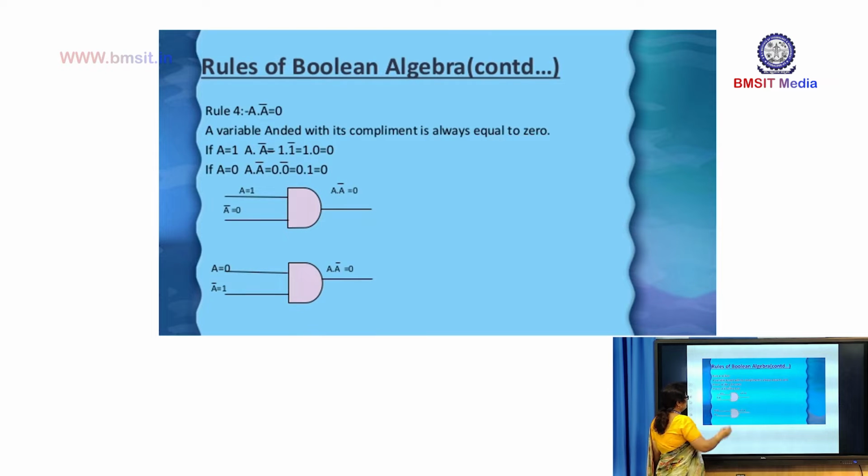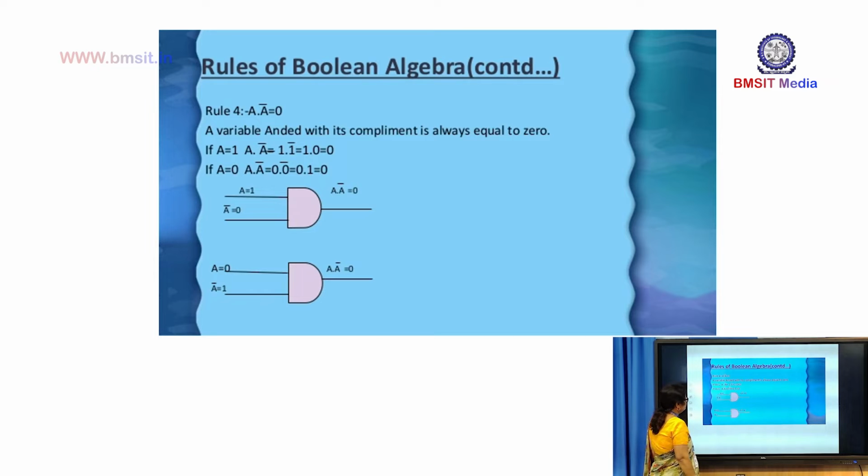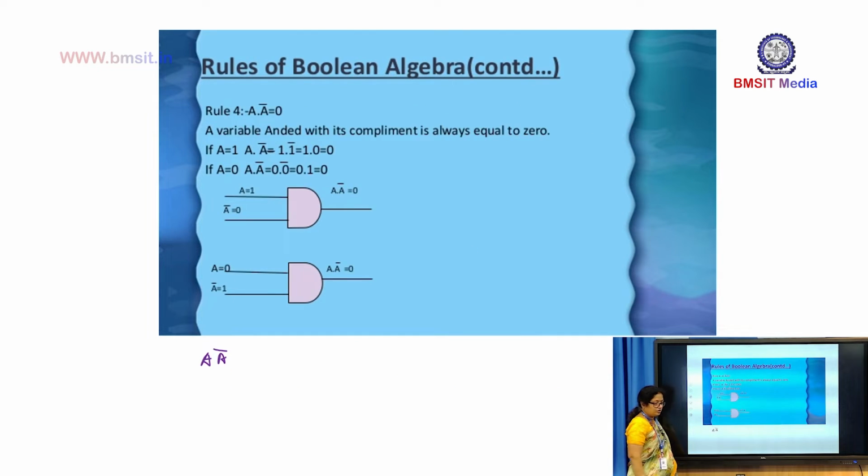Next we have one more identity, A into A bar equal to 0. Now, how do we prove this one? Since it uses a single variable, A can be either 0 or 1.